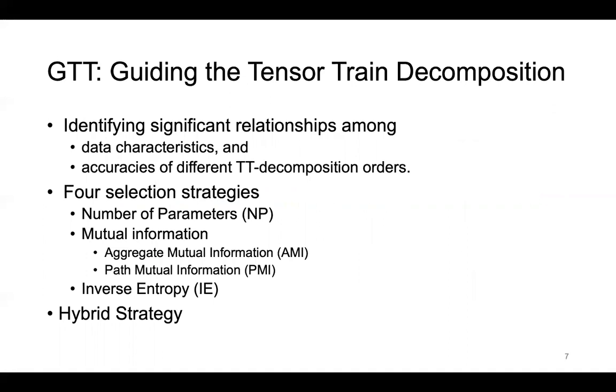We propose strategies based on the number of parameters, mutual information, and the inverse entropy. And finally, we further propose a hybrid strategy which combines these selection strategies to achieve better order selection.